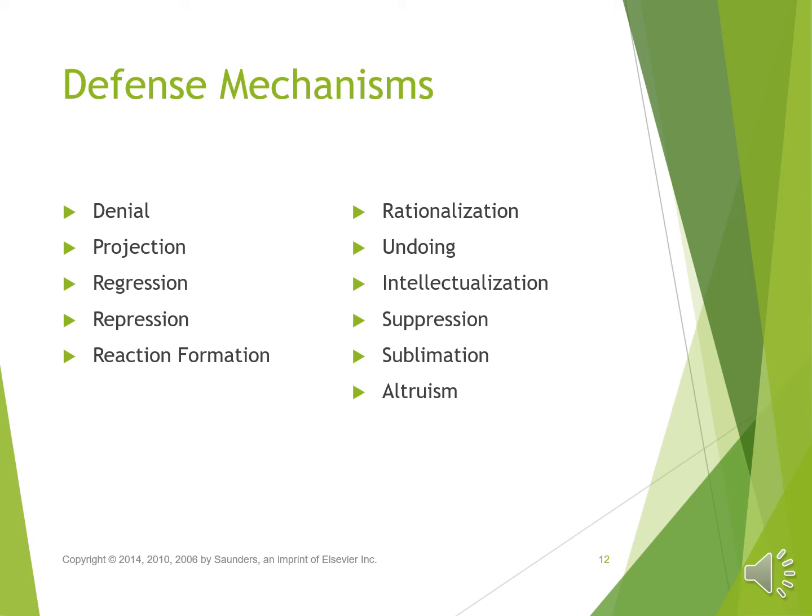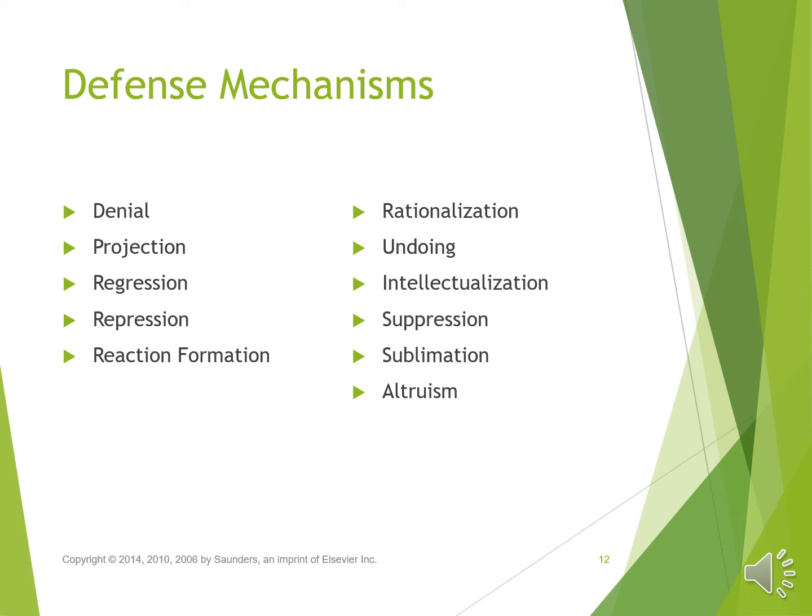Next is sublimation. That is rechanneling drives or impulses that are socially unacceptable into activities that are constructive. For example, a mother whose son was killed by a drunk driver channels her anger and energy into being the president of the local chapter of Mothers Against Drunk Drivers.